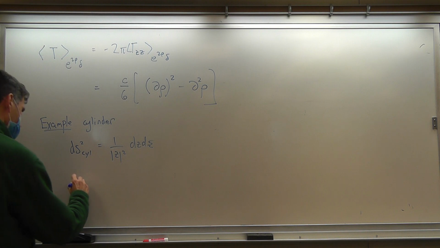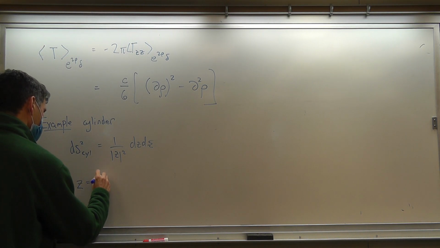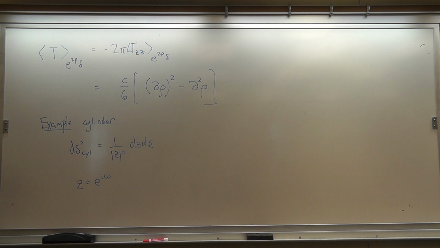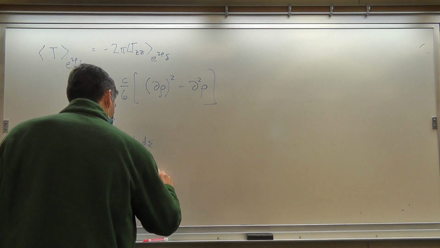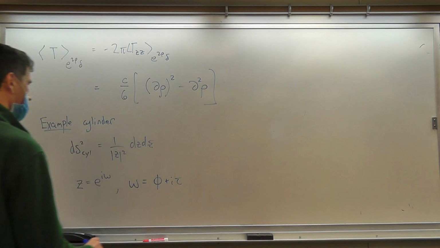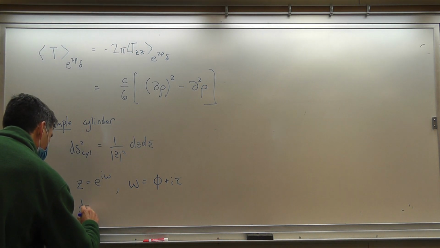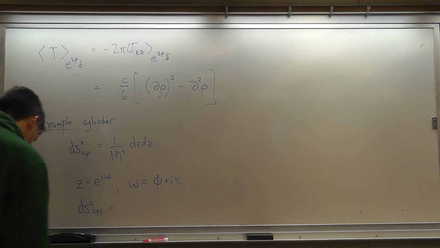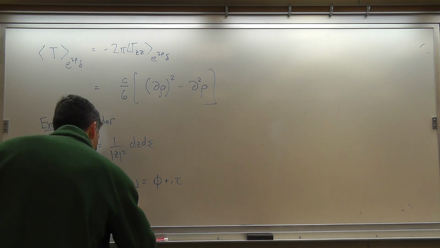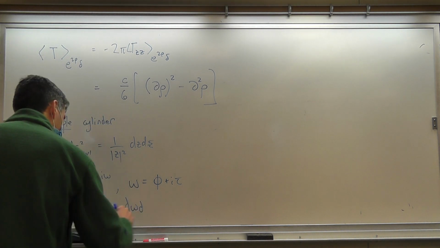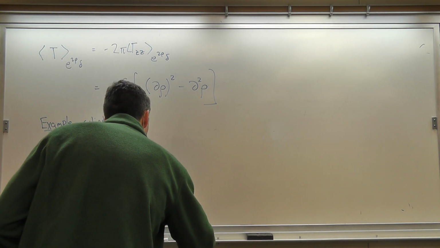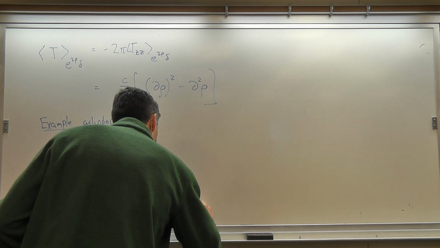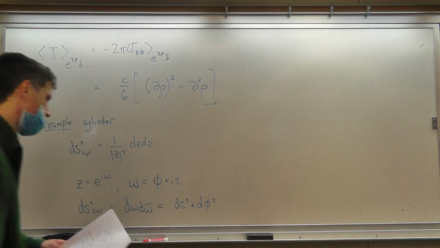It's because if we set z equals e to the iw, and set w equal to phi plus i tau, then this ds squared cylinder becomes just dw dw bar, which is d tau squared plus d phi squared.